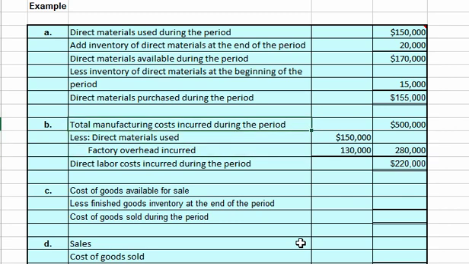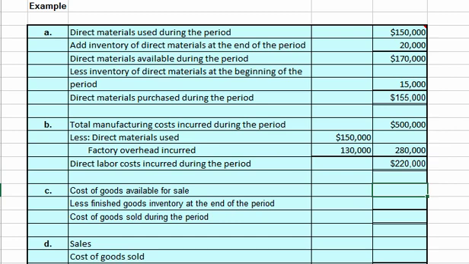So if you take the total, subtract out direct materials and factory overhead, you get labor. You could work that other ways as well. You could take total manufacturing cost, subtract out direct labor and direct materials. That would give you factory overhead. I'm sure you see how that works.